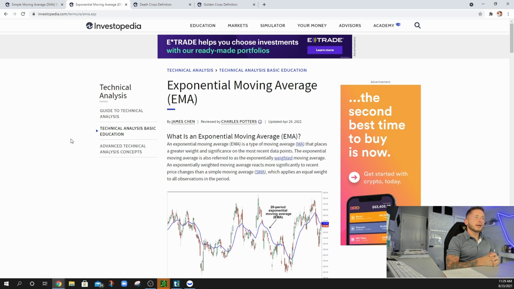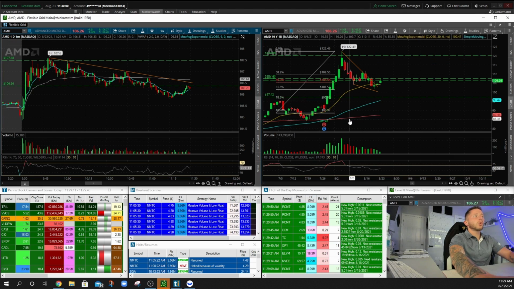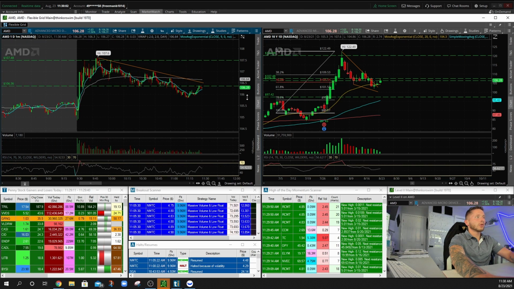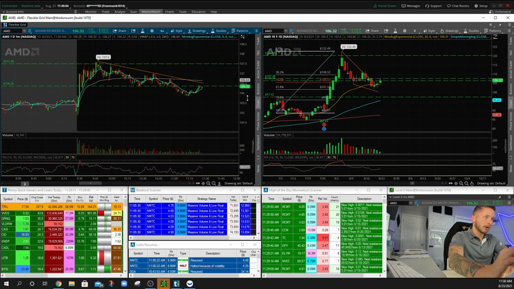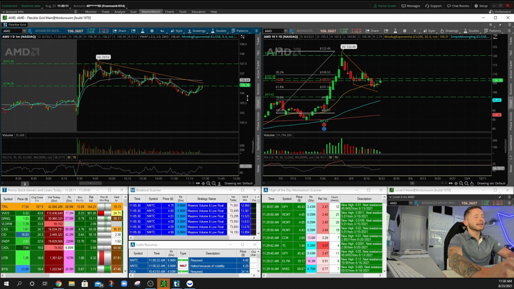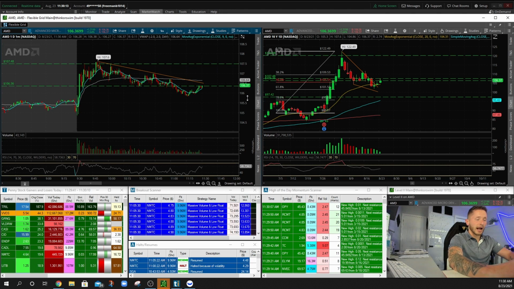For every 100 traders in the market, 90 of them are at least using one EMA, right? They're either going to be using a 9 EMA, or they're going to be using a 20 EMA, right? Those are the most popular exponential moving averages that traders use intraday. So it's a 9 EMA and a 20 EMA.